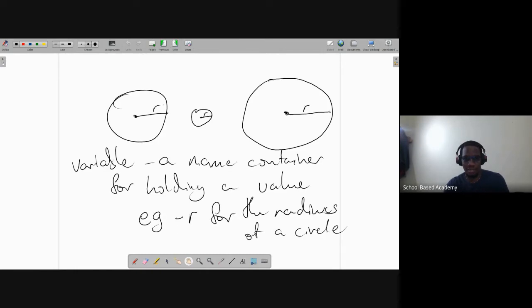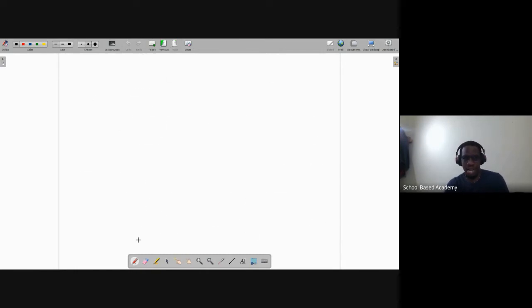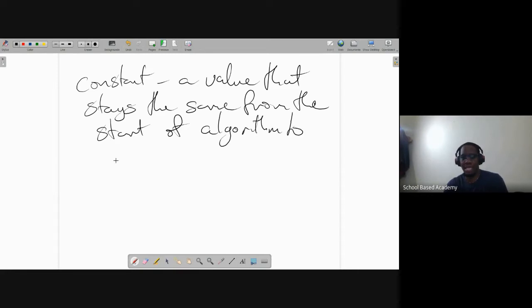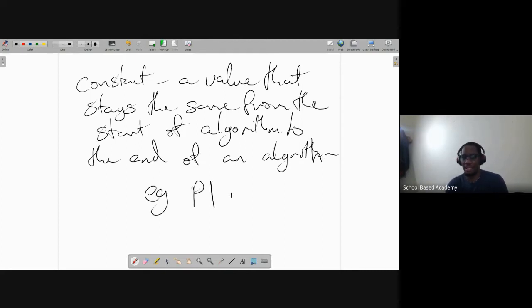A constant in this case is a value that stays the same from the start of an algorithm to the end of an algorithm, and it essentially cannot change. Example, pi. And pi is always 3.14.